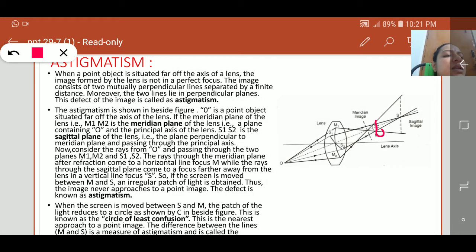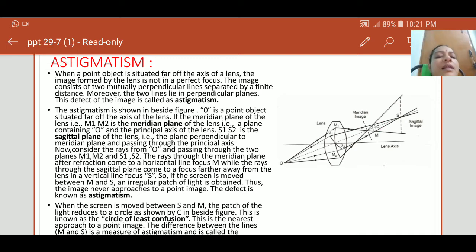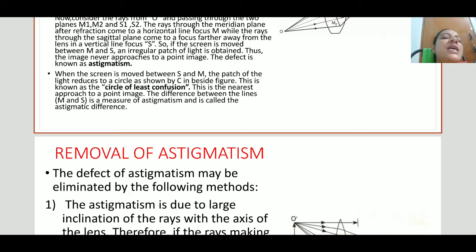This is known as the circle of least confusion. This is somewhat the ideal image, the nearest approach to a point image. The difference between the lines, that is the meridian line and the sagittal line, measures the astigmatism and is called the astigmatism difference.